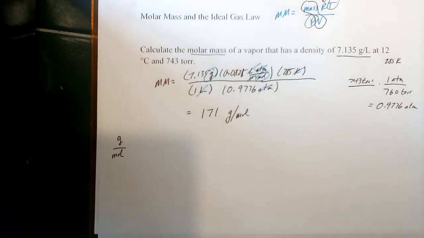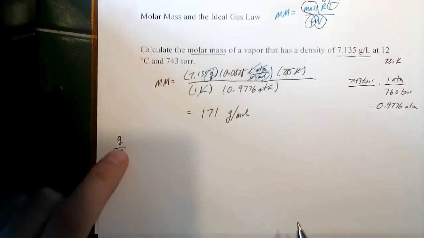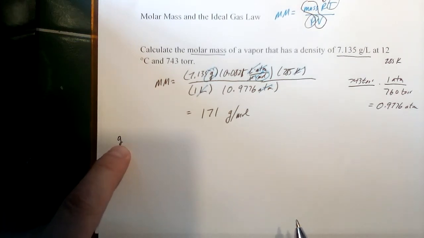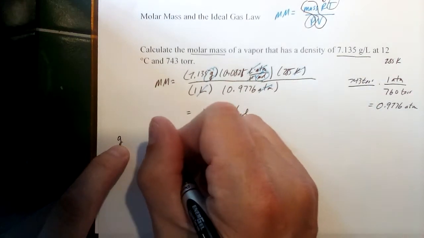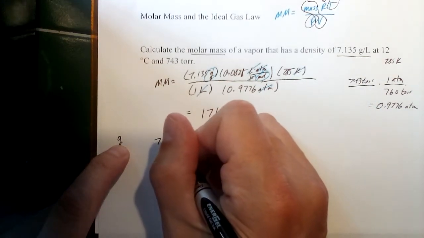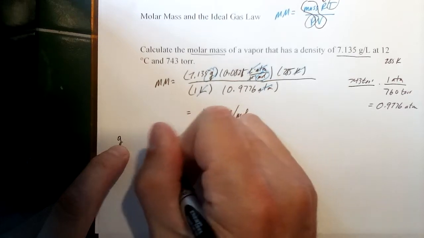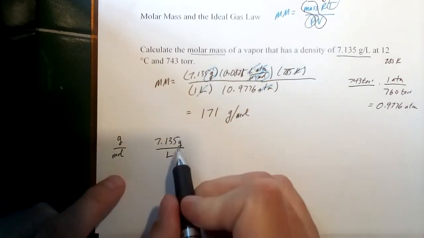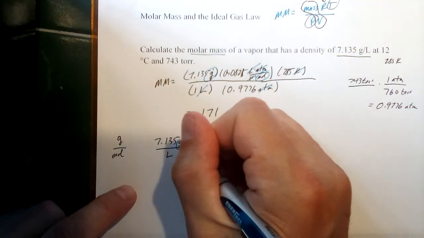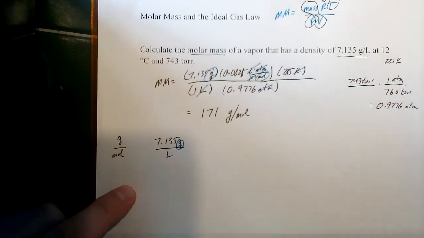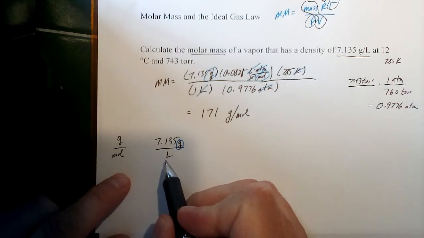I will have reproduced the same calculation. So if I start with the idea that I need to get grams on the top, I could start with the density provided in the problem, 7.135 grams per liter. I've got grams, and let me put a circle around that because that's a unit that I want to keep. I don't want to cancel that out, but I want to get rid of liters here.